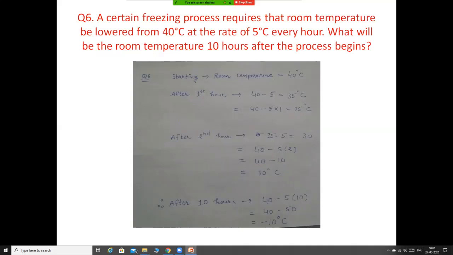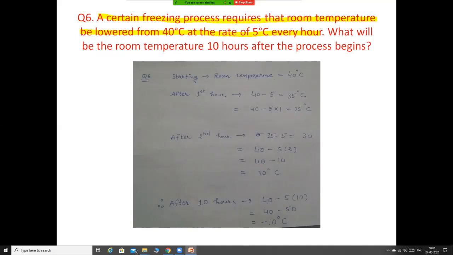Now let us see what is question number 6. This is in statement form. A certain freezing process requires that room temperature be lowered from 40 degrees Celsius at the rate of 5 degrees Celsius every hour. Meaning to say, after every hour the temperature is lowered by 5 degrees Celsius.